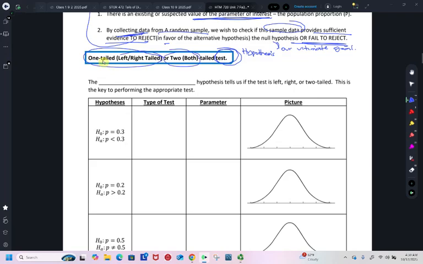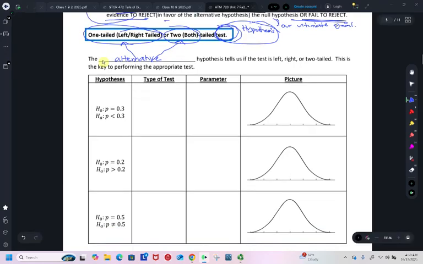To determine that, the alternative hypothesis is key or central to that process. In particular, let's consider case 1, case 2, and case 3.